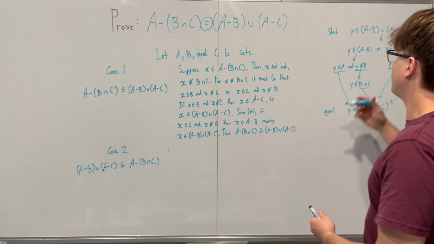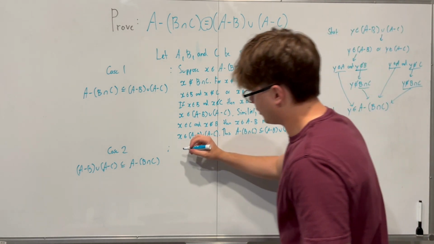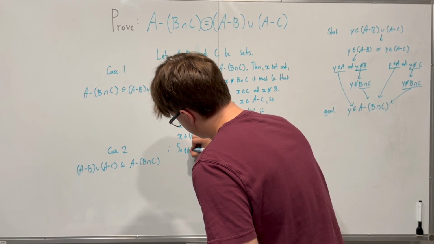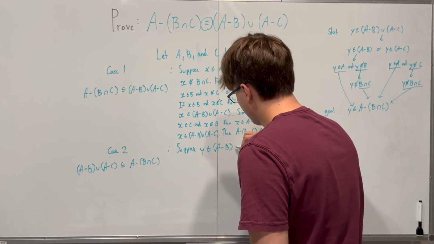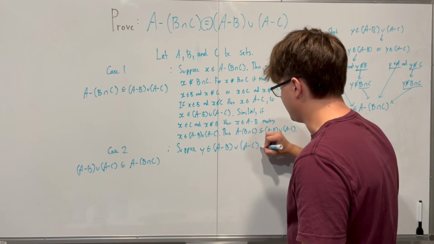We're going to start by supposing our representative element y. We're going to say, suppose y is an element of A minus B unioned with A minus C. Fantastic.